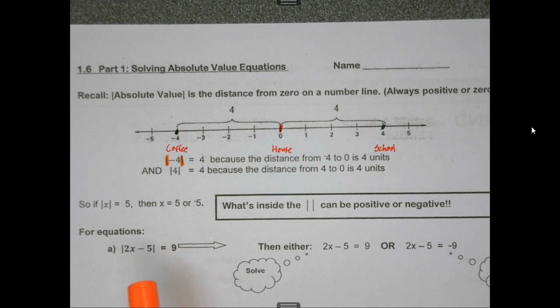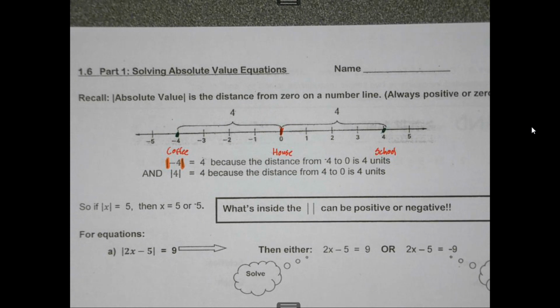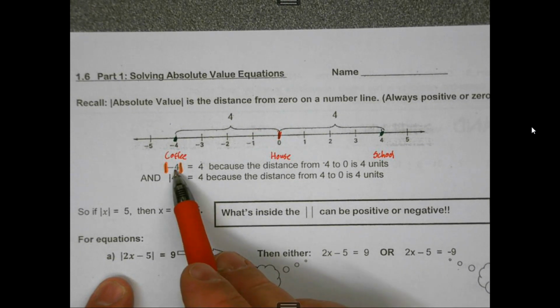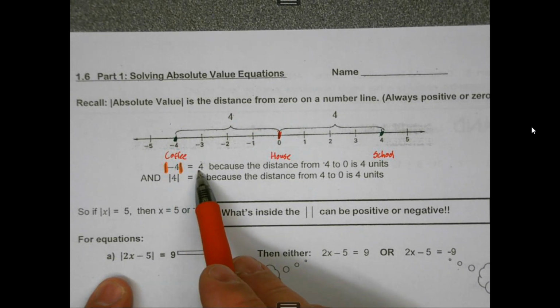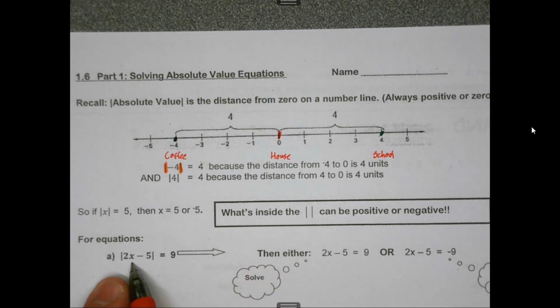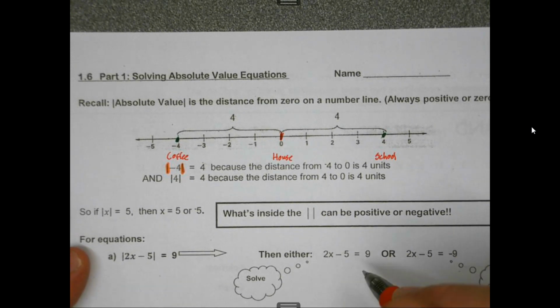Just like -4 is 4 units, 4 is 4 units, whatever's inside here could be +9, or whatever's inside here can be -9. So we end up with 2 equations to solve when we have absolute value symbols.